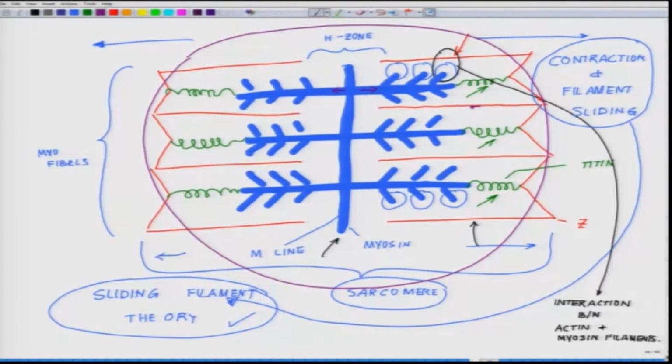Essentially, we are going to start today with the structure of actin and myosin filaments. Okay.